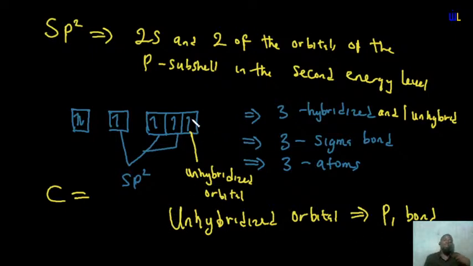And the number of unhybridized orbitals will tell us the number of pi bonds that will be formed there. So in conclusion, the question is now put to you: how many pi bonds and how many sigma bonds will be formed in an sp2 hybridized orbital? You can put out your answer and I'll move ahead.